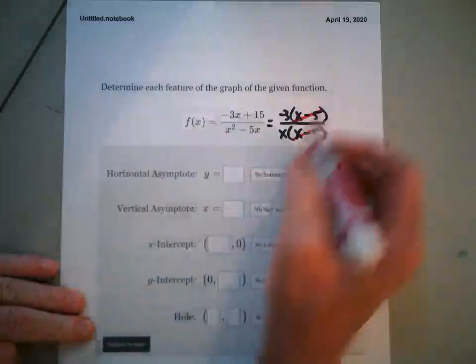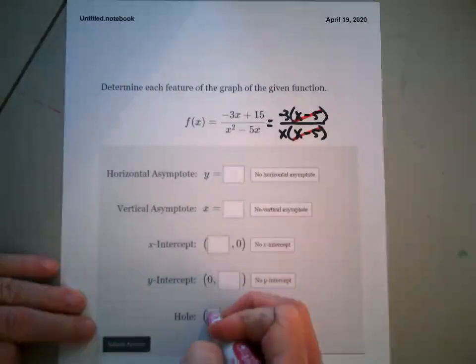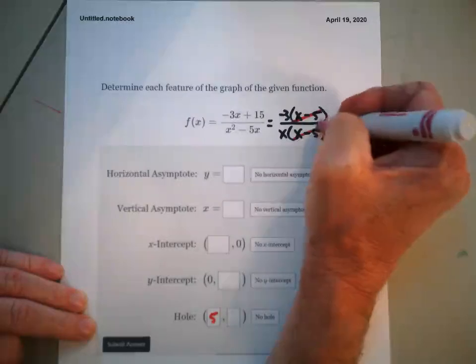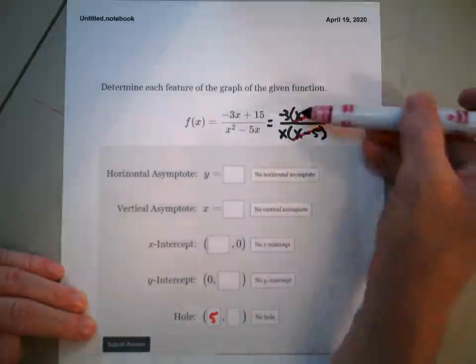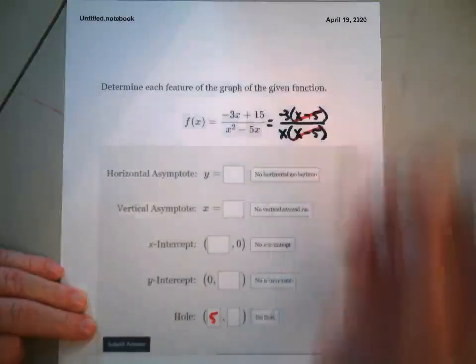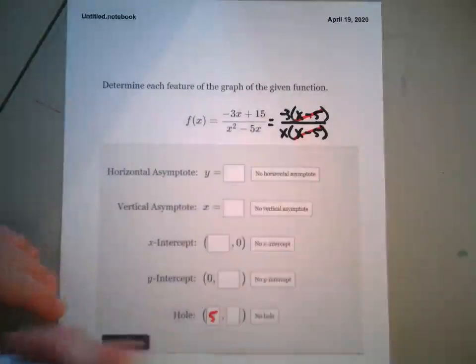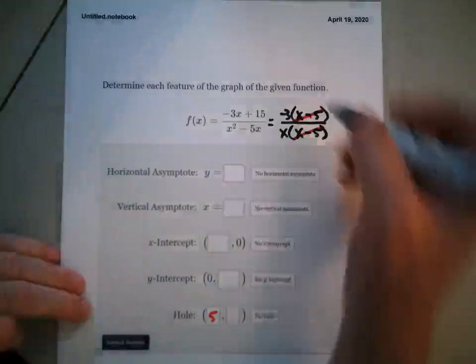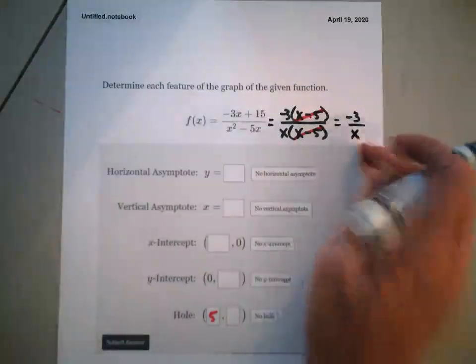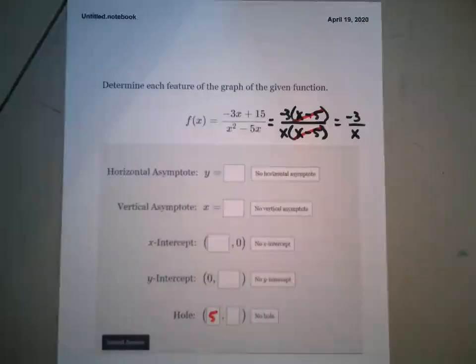We're going to have a hole, so that gives us a 5 for the x value, because the 5 value is what makes this become 0. If you put a 5 right there, this becomes 0. So if you solve this for 0, it'll give you a 5. That leaves us with the problem -3 over x. This is the remaining problem, and this is what we will find everything else with.